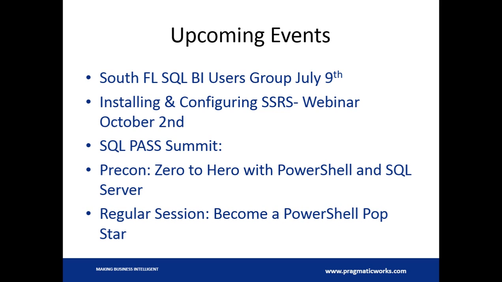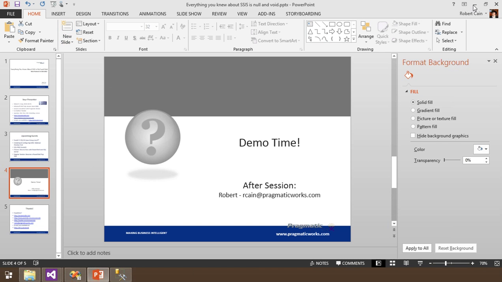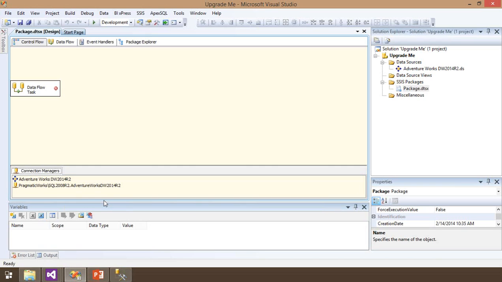All right, so enough of the slides. What you really want to see are demos, I know. So let's get out of this and shrink that down. What I'm showing you now is an SSIS 2008 R2 package. With 2008, you have data sources, and then you have individual packages.